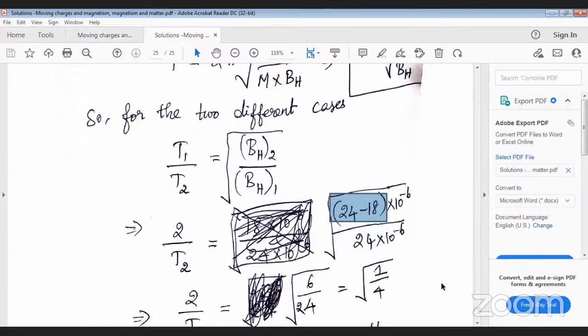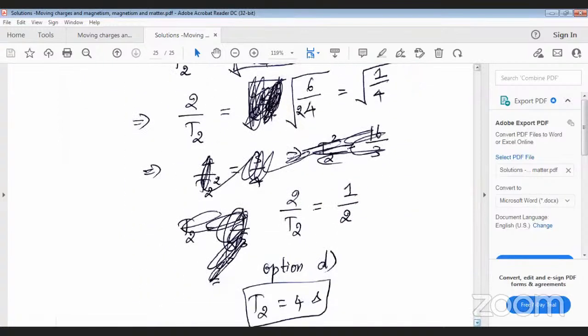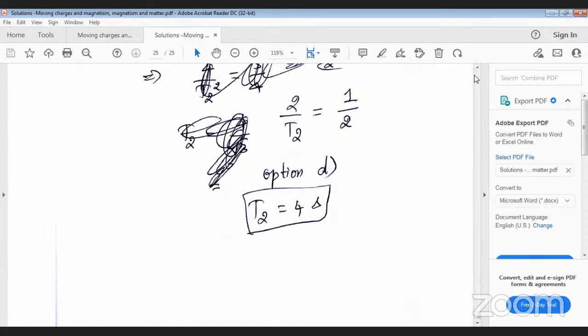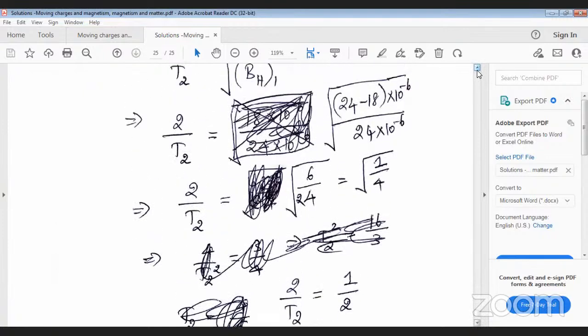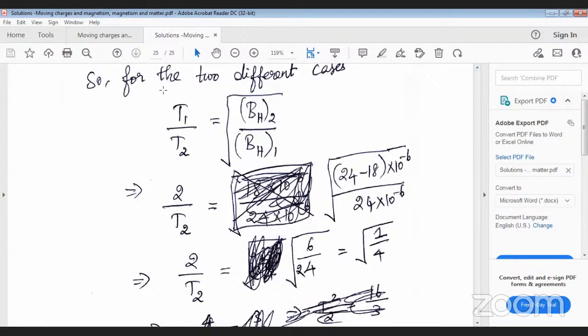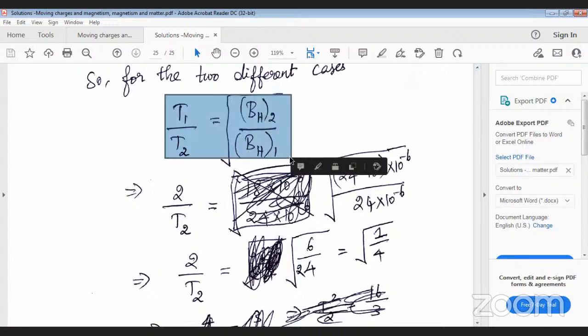Here you know the value of T1, and you need to find T2. You can rearrange this equation. Simple mathematics: 2 by T2 equal to root of 24 minus 18 by root 24.